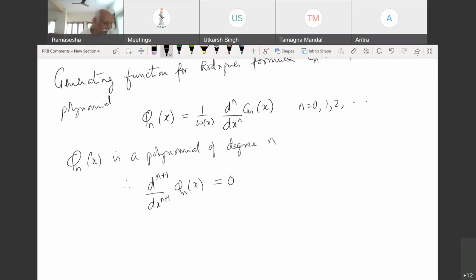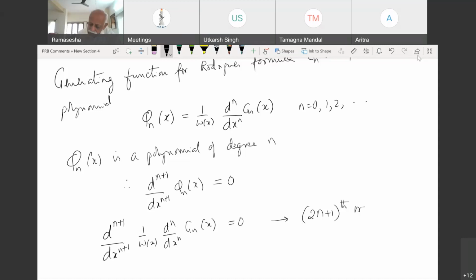So if you put this into the differential equation, what you have is the condition that d^(n+1)/dx^(n+1) of (1/w d^n/dx^n G_n(x)) is equal to 0. So this is a differential equation of order 2n plus 1, because you are differentiating G_n(x) effectively 2n plus 1 times.